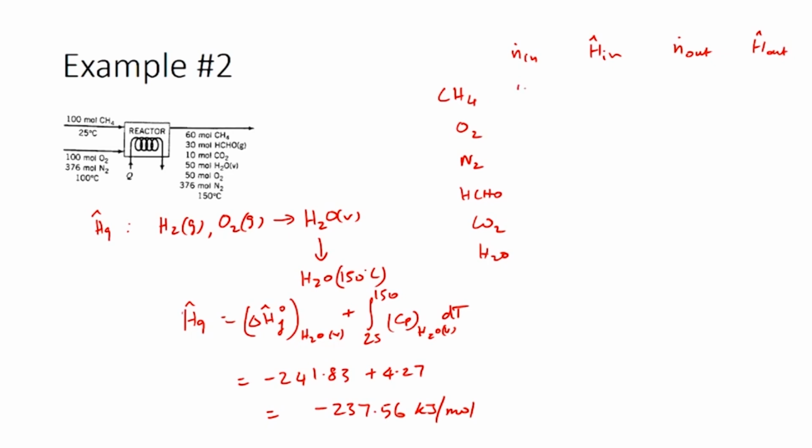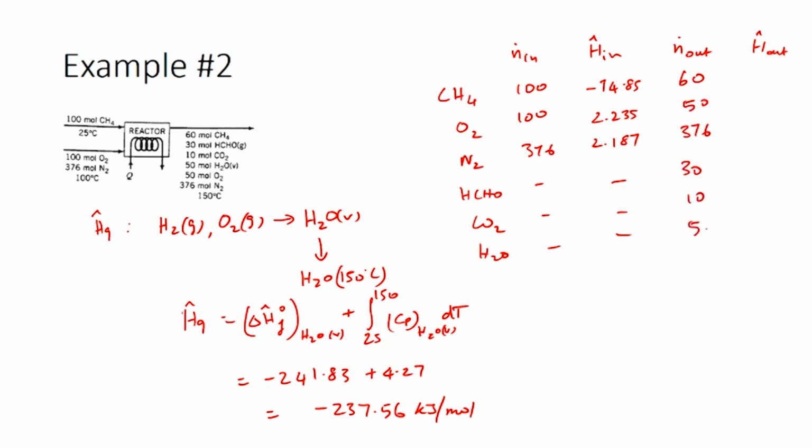For the inlet you have 100, 100 and 376 and then nothing for the rest, with enthalpies of minus 74.85, 2.235 and 2.187, and we do not worry about the last three. For the outlet you have 60, 50, 376, 30, 10 and 50.